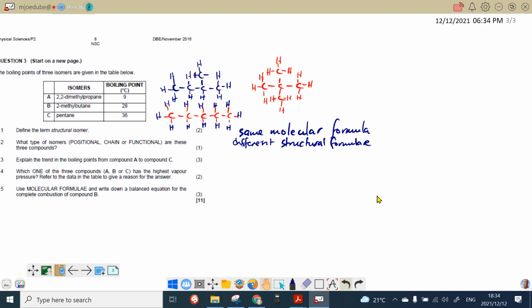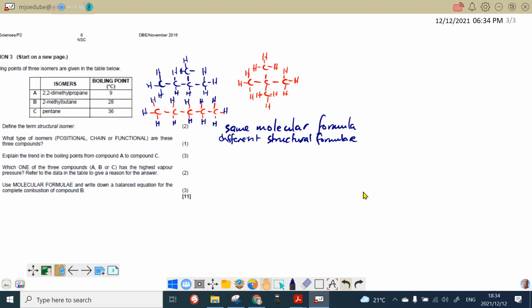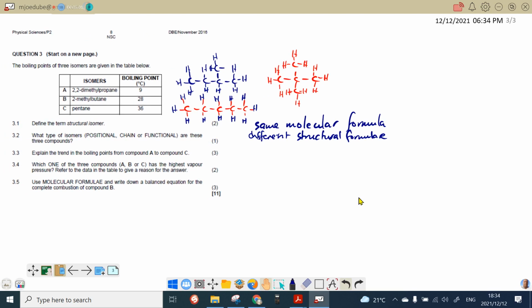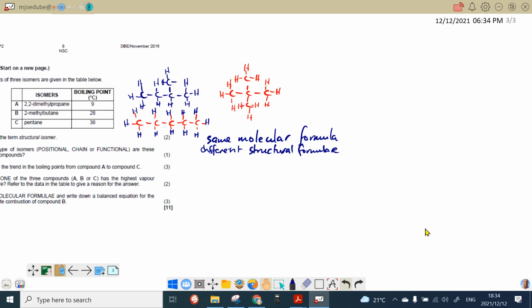Now the explanation for that observation becomes as follows. 3.3, I'm just going to write it here. So BP increases. That's what you're observing from A to C.